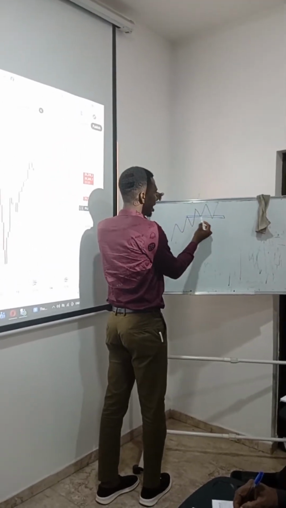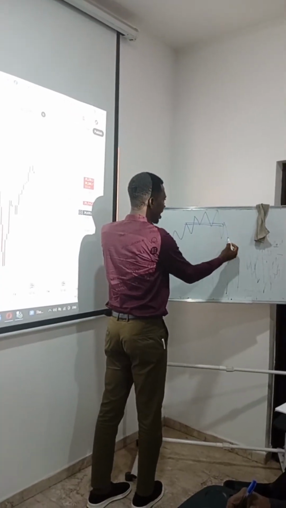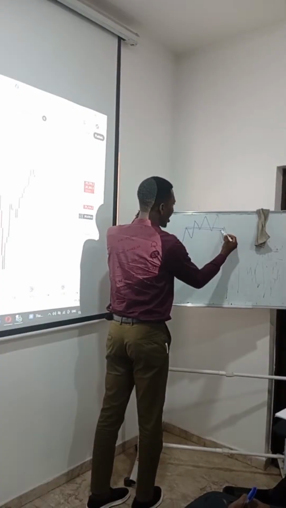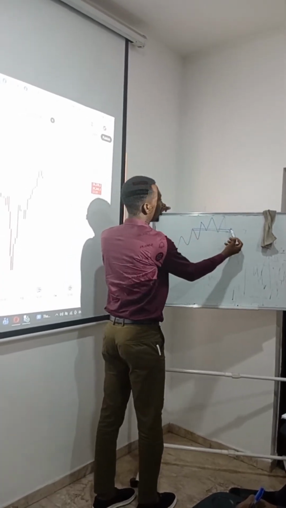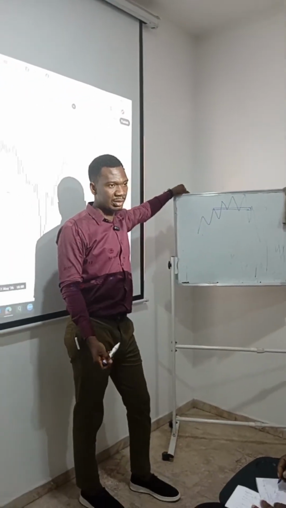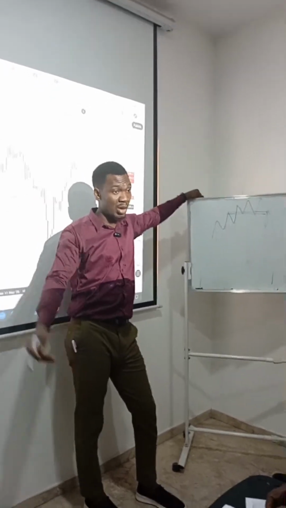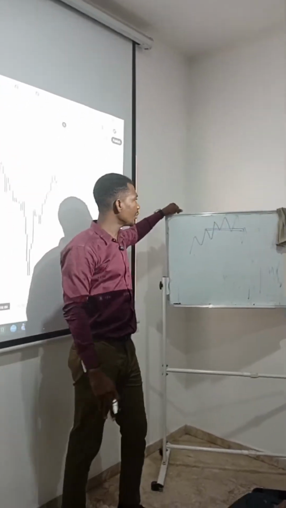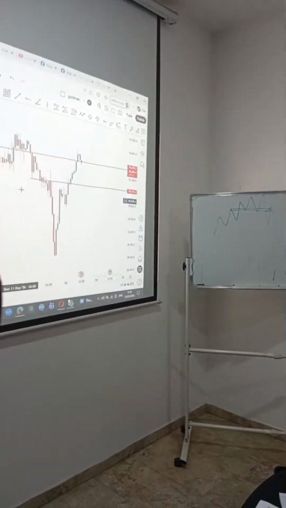This is an area of confluence. So there's every chance that the market can still come back to that same area of confluence and use what was a resistance as a support. Are we together? Come on, guys, are we following? Yes. So that's what we're going to be looking at today.